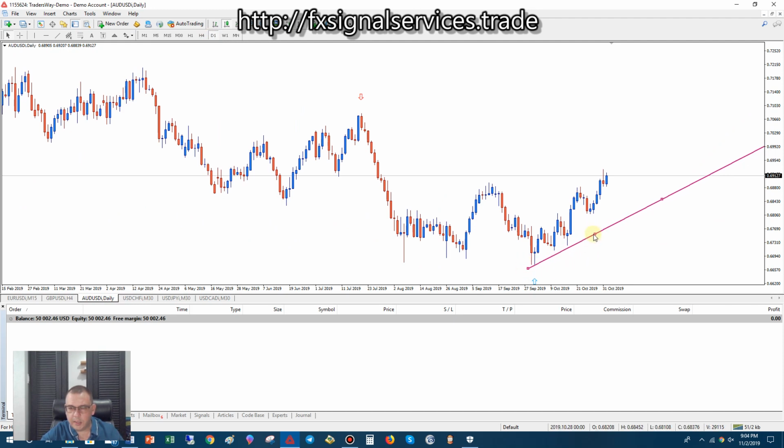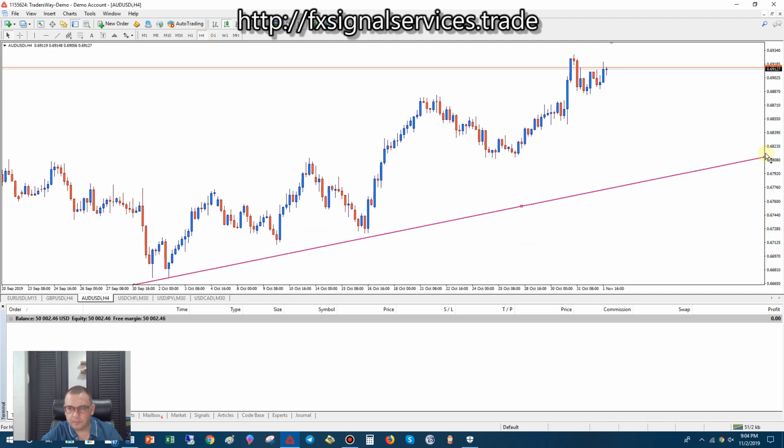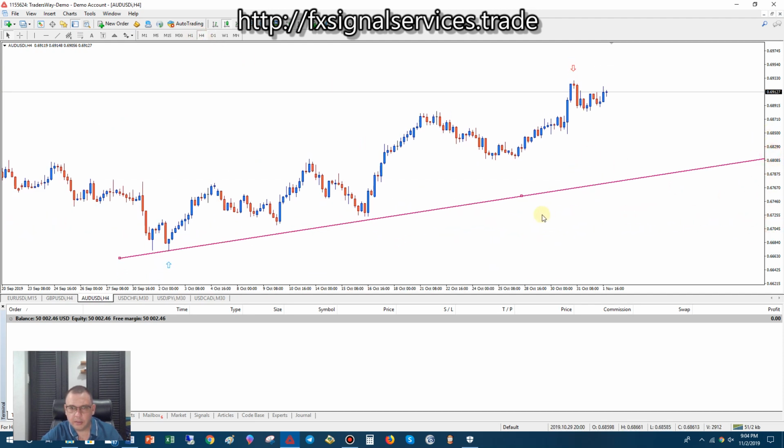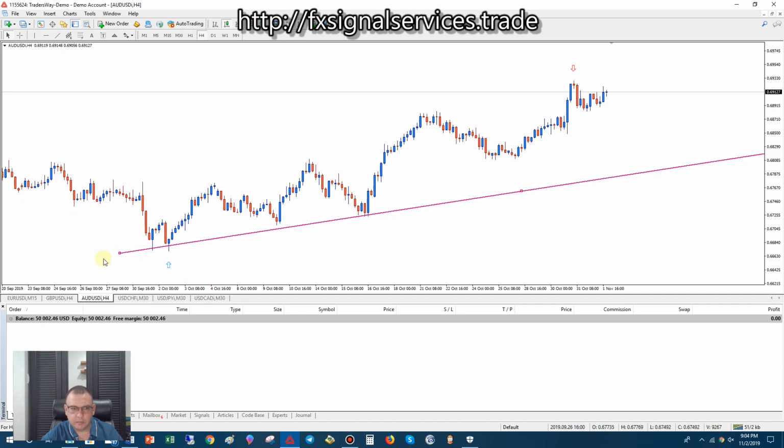And as of right now, the price has not even gone down to this level. If we go down to the 4 hour, there's a very good possibility that this price could come down to this level and bounce back up.